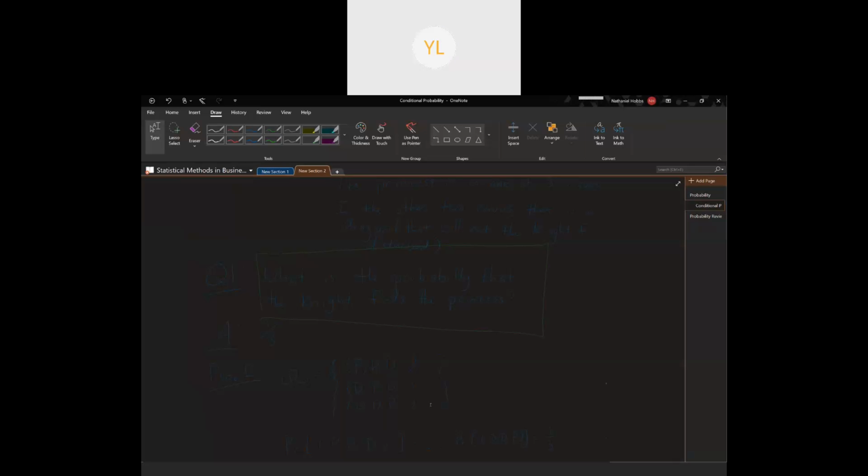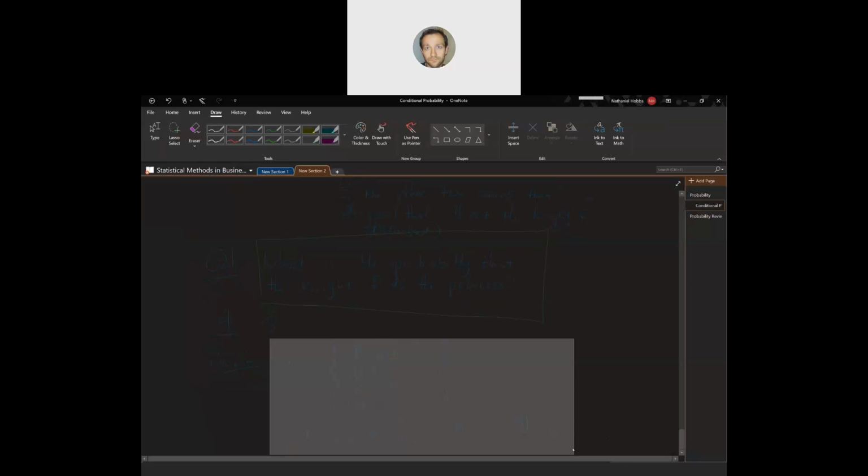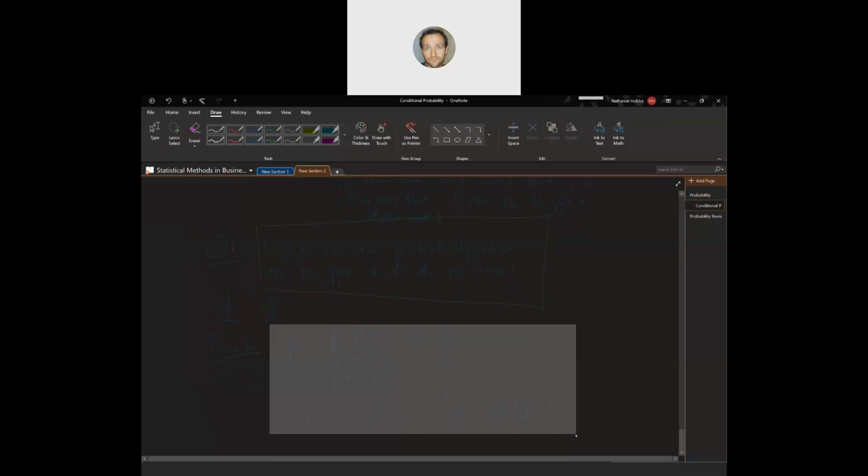So this probability space that we have right now, how would you describe it? What is this describing?